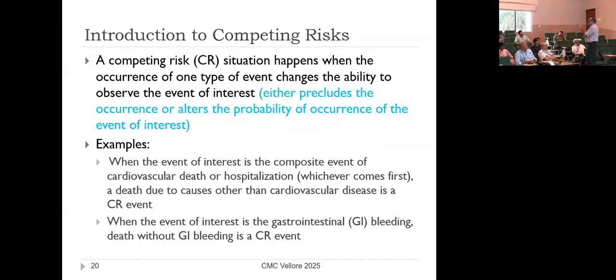So that's fine. But that's not the same thing for your cardiovascular system. It's not the same thing for your renal system. It's not the same thing for your GI system, and so forth. Once you've had a metastasis in cancer, it's not the same thing either, right? So those complications make recurrent event analysis much more difficult. And so it's not solved.